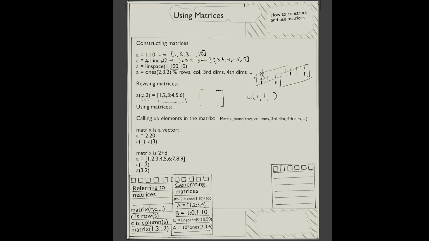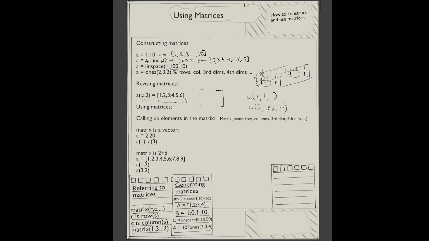But if we want to look at multiple spots, so let's say we want to look at this and this together, this would be A at, the row would be 2, the columns would be 1 colon 2 in this case, and then it would be both of the depths, which in this case is all of them.